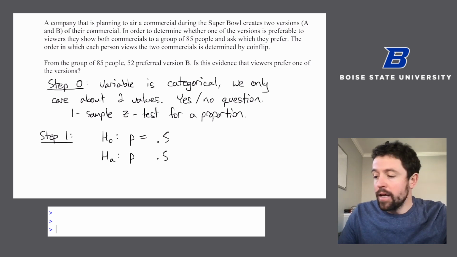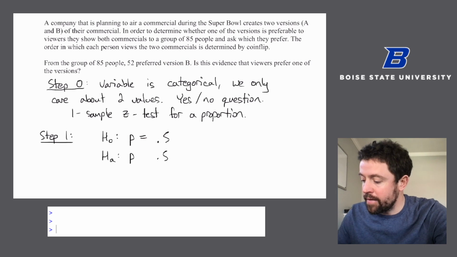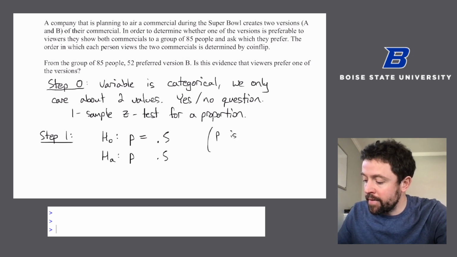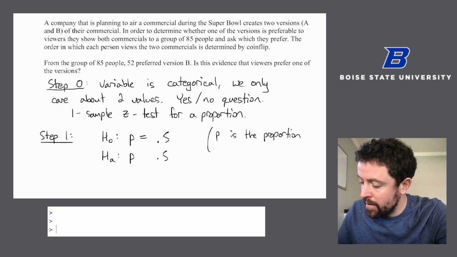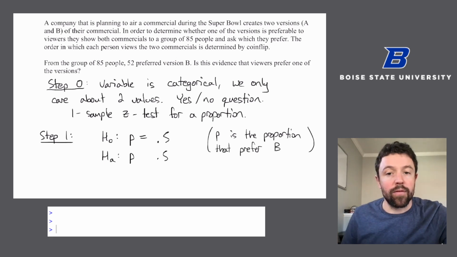Either way is fine, but since we're given information in terms of version B, I'm going to say that P is the proportion of the true population, right? P always represents the population parameter. So P is the proportion that prefer B.